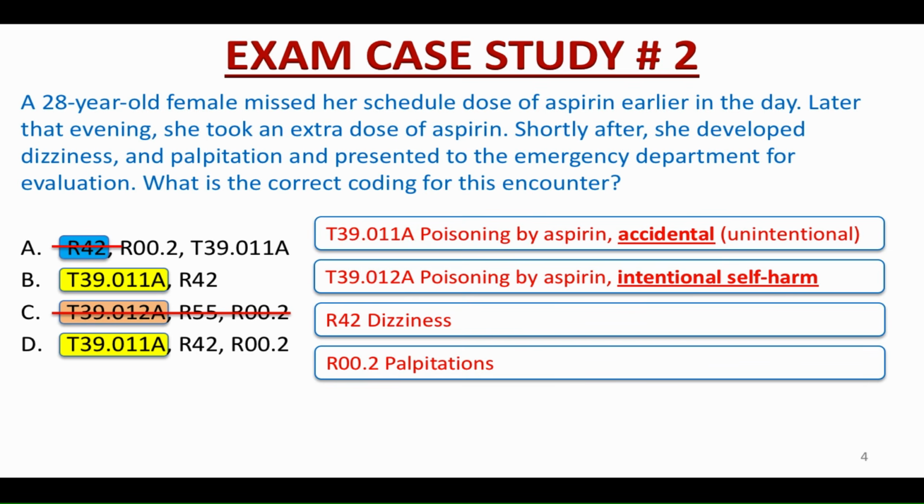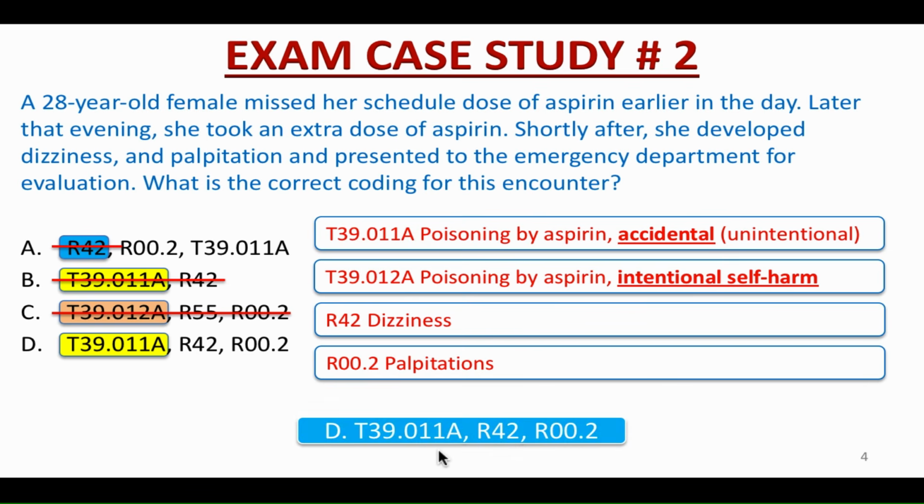According to the RHIT official guidelines, we should report all manifestations associated with the poisoning. So R00.2 should also be assigned, and B is missing that code. That said, D is the correct answer: T39.011A, poisoning by aspirin, accidental, R42 for dizziness, and R00.2 for palpitation.